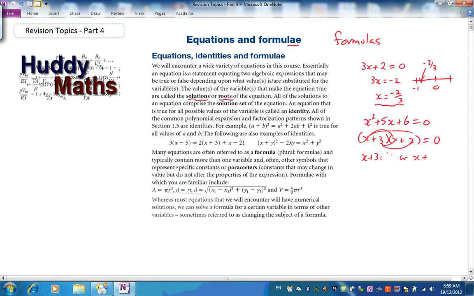By the null factor law, one of the factors must be 0 or null, because two things multiplied can only give 0 if one of them is in fact 0. So we've got this solution or this solution by the null factor law.